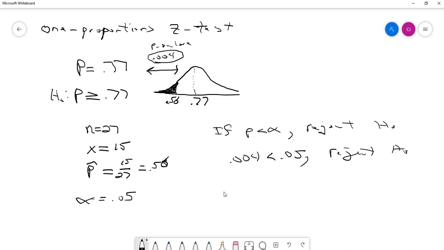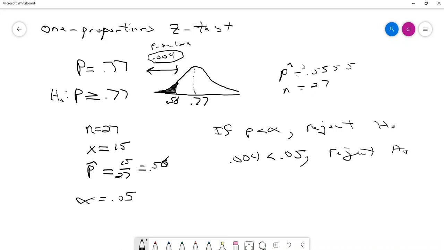Okay, so proportions again, very similar. The one thing I want to remind you is in these calculators, the TI-84 calculator, X, if you put a decimal in here, you're going to get an error. And also that sometimes you aren't given X, sometimes you're given a proportion. So let's say that they said, oh, well, our sample proportion is 0.5555, remember, it was like a bunch of fives, and that our sample size was 27.